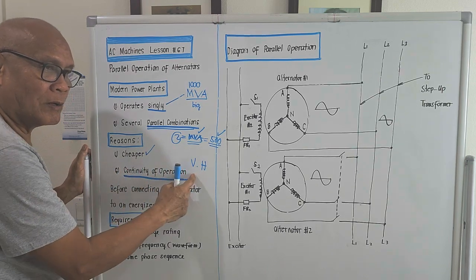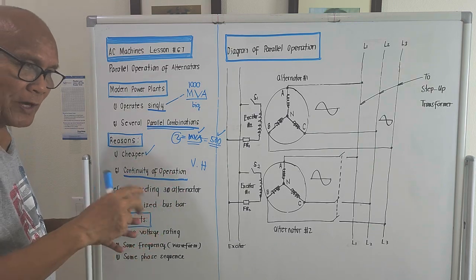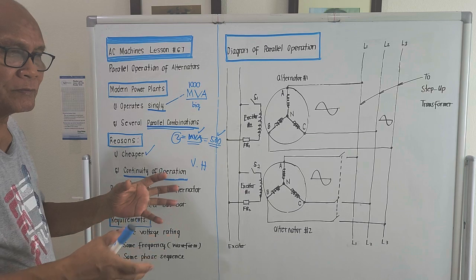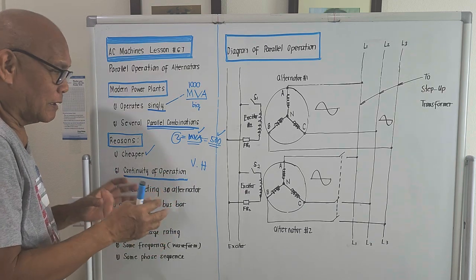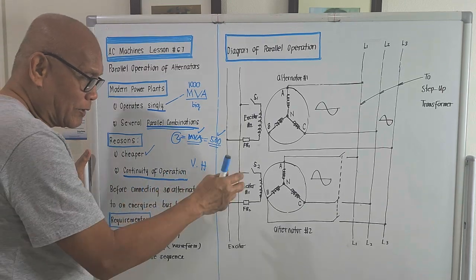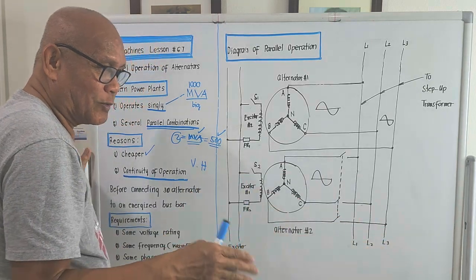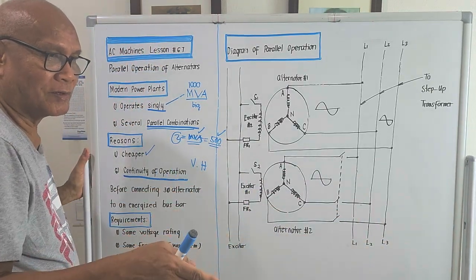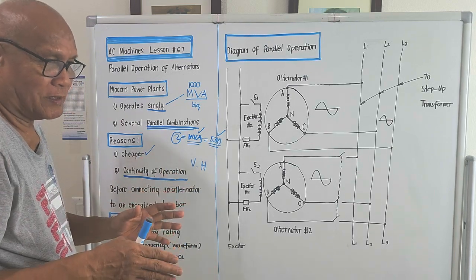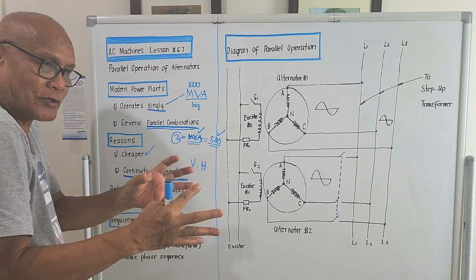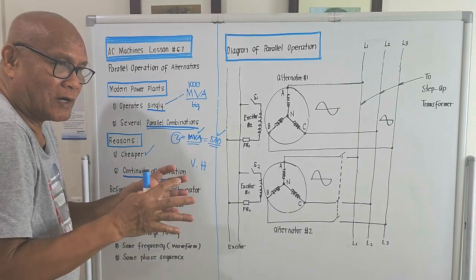But if there are two alternators in parallel, if the other one has a problem, we could disconnect that one, and we will still deliver power to the bus bar going to the customers, but with the so-called lesser load. That's why sometimes if one alternator has a problem, they will disconnect that one, but the other one will still operate, but at a lesser load.